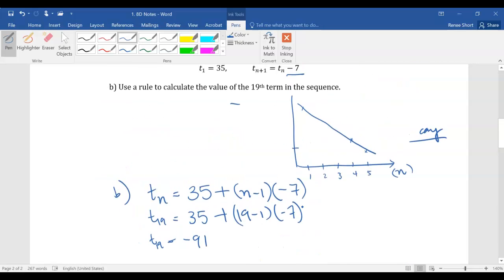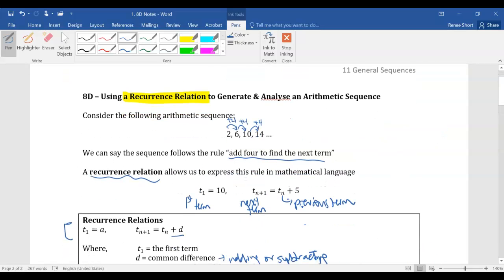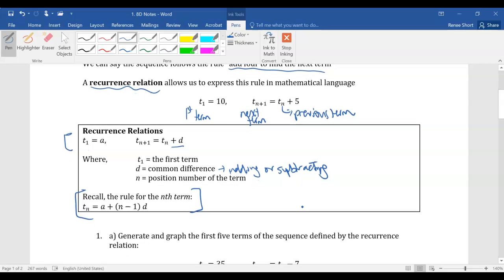You can see that we have two types of rule that we're using, a recurrence relation, which is when we explicitly state this T1 value first and then write the next term in terms of the previous term, and we have this rule for the nth term. So you will be asked to write rules in either format and need to be able to switch between both formats as well throughout this exercise.